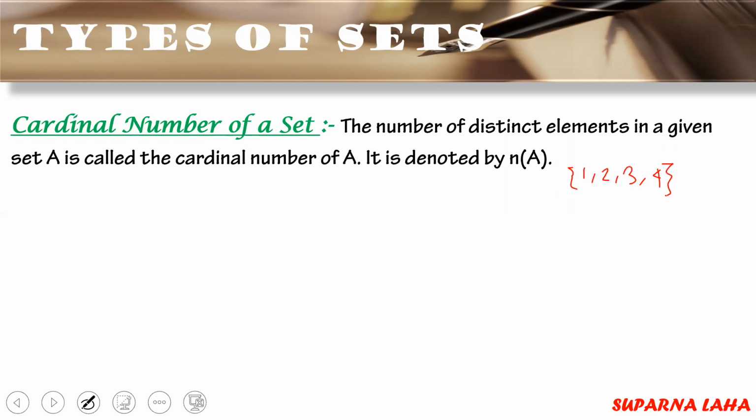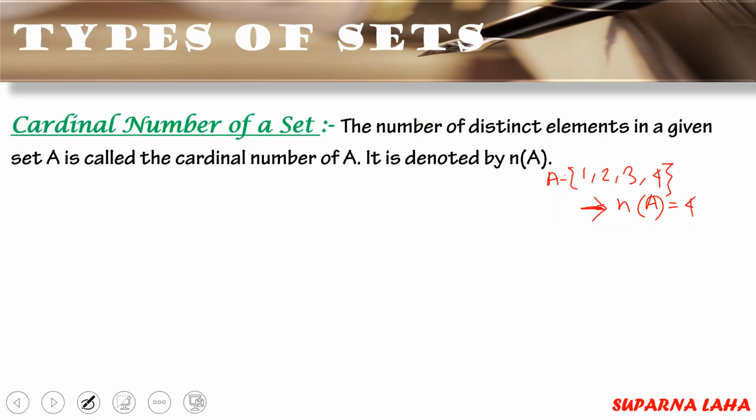If this is A, its cardinal number is 4. Since it has only 4 elements, the number of elements is the cardinal number of the set.